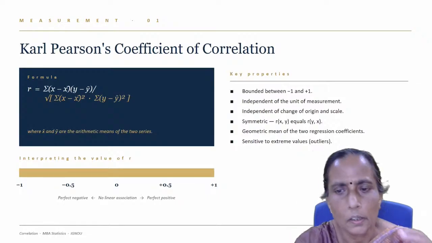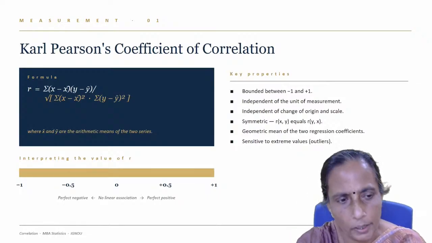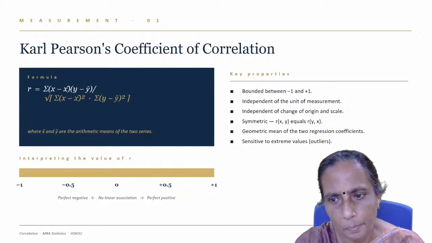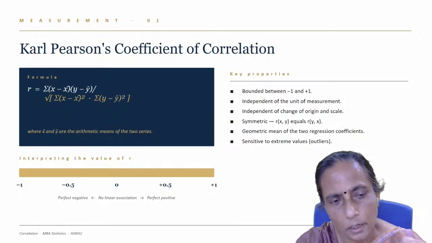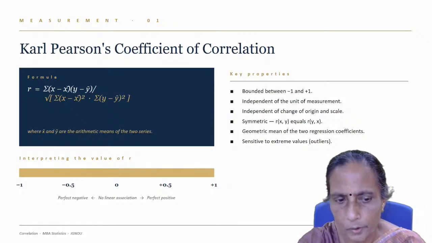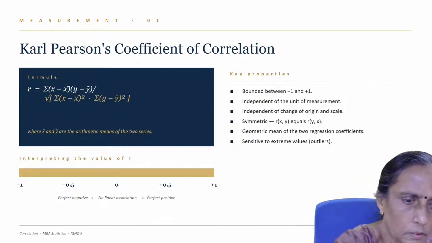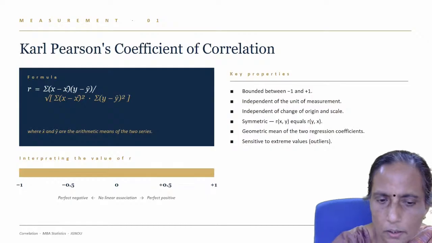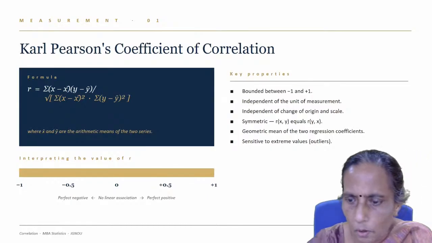It is symmetric, that is rxy equals ryx. It is the geometric mean of the two regression coefficients, and it is sensitive to extreme values, that is, outliers. A value of 0 means no linear association, +1 is perfect positive and -1 is perfect negative.